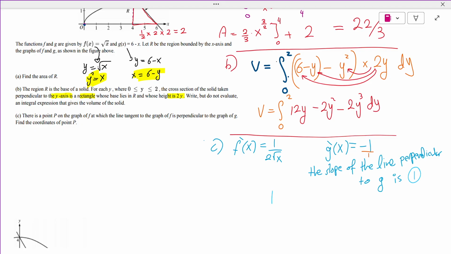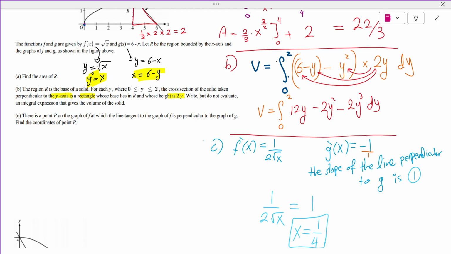That means you have to set 1 over 2 root of x equal to 1. If you solve it for x, you should get x equals 1 over 4. So at x equals 1 over 4, there is a line tangent to the graph of f and perpendicular to the graph of g. I hope this was clear.